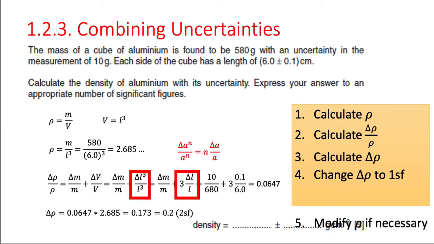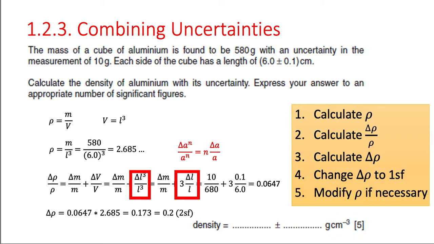The last thing that we have to do is modify our value of rho where necessary. Now, if you see here, we're giving our value of the uncertainty to one significant figure. That's one decimal place. And so my value up at the top there, 2.685, has to be changed in order to reflect that. In this case, I'm going to have to give my density to 1 decimal place. So that means my density becomes 2.7 plus minus 0.2 grams per centimeters cubed.